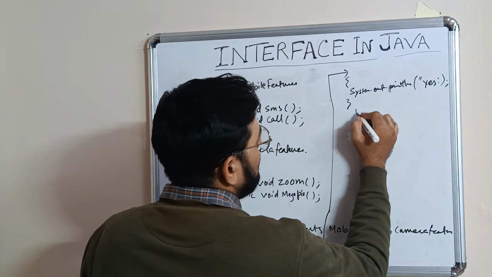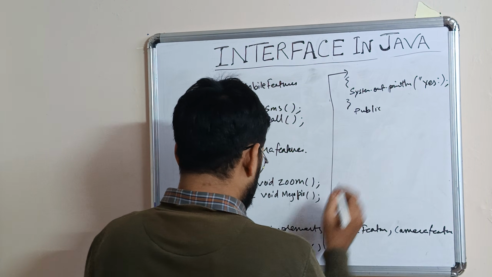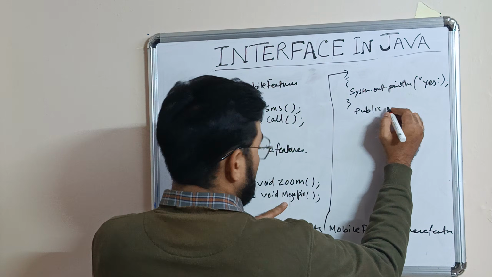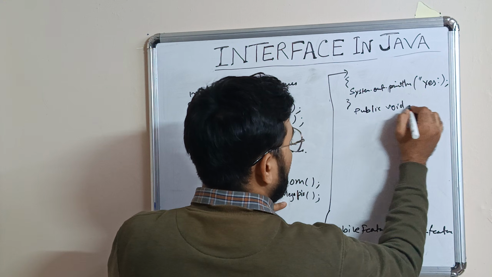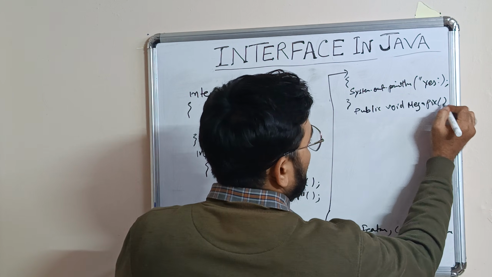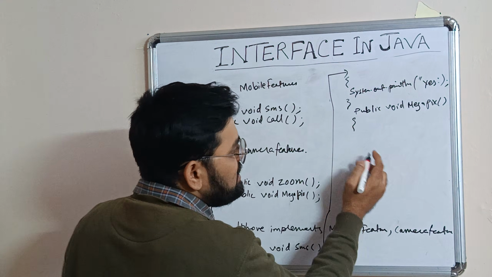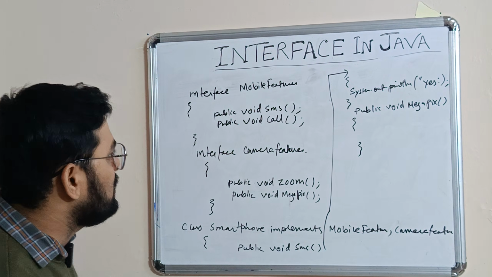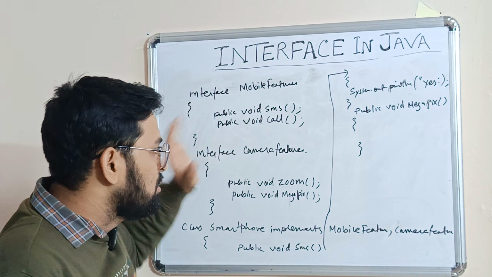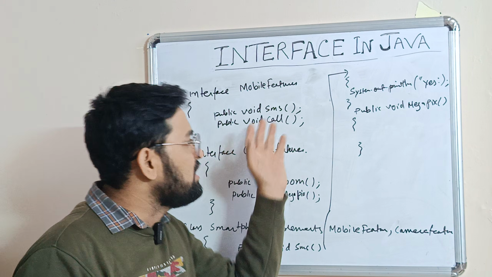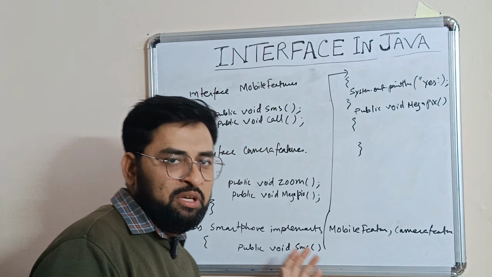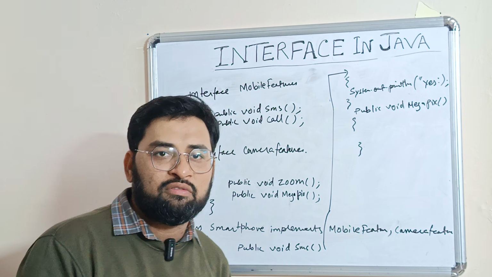Again, for another method, public void megapixel, you just write void megapixel. This means the method body is implemented here. So what we have seen is that the method body is completely abstract in the interface. It is not written there. The body of the method must be in the implementing class, the third class which you have created.